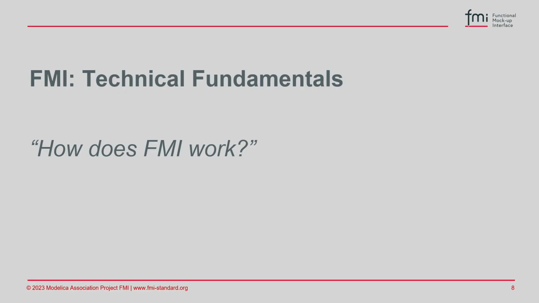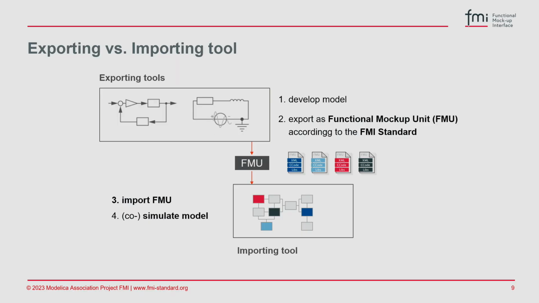Okay, so now how does it work? So typically we have at least two tools involved. The exporting tool, that's where the model is developed. And then we export it according to the FMI standard in the form of a so-called functional mockup unit. So the unit is the thing that is exchanged between the exporting tool and the importing tool.